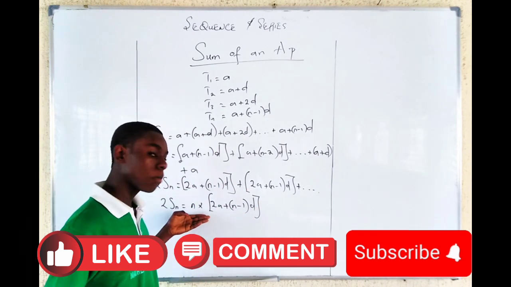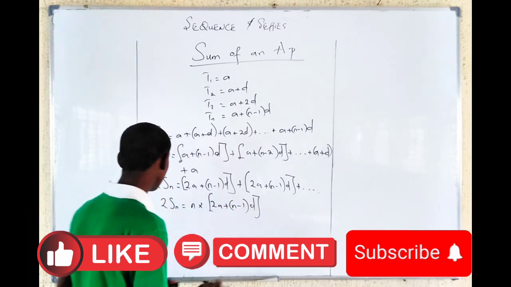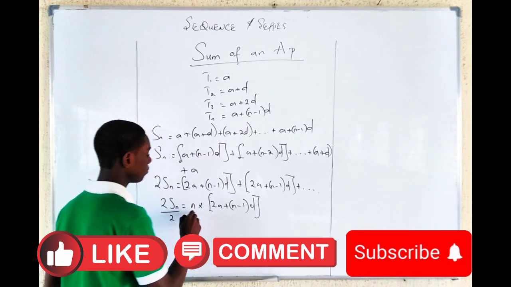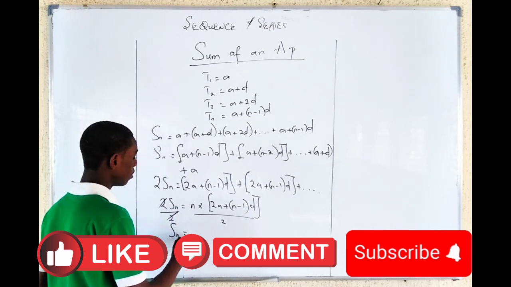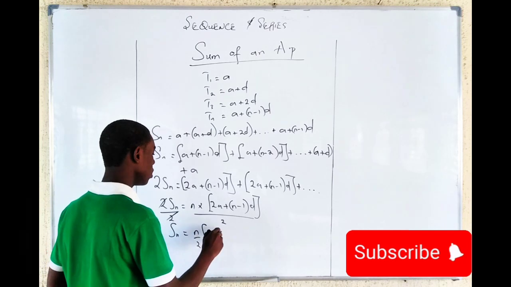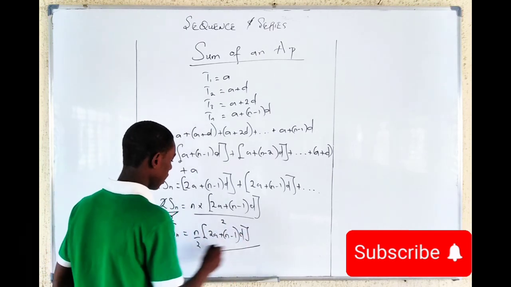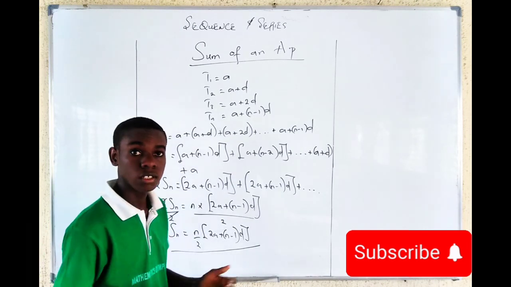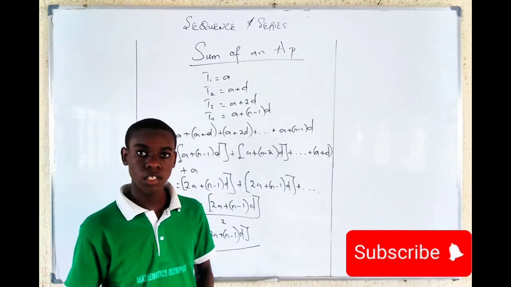So n now is the number of terms, the number of 2A plus n minus 1 D. So now I'm going to divide both sides by 2. So now S of n will be n over 2 into 2A plus n minus 1 D. And this is the formula to solve the sum of terms of an AP.